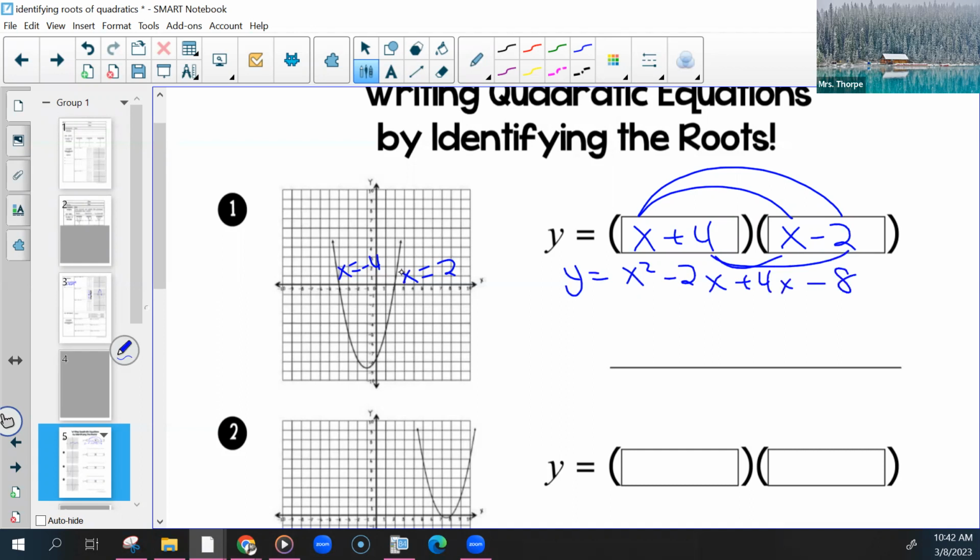And then if you combine your like terms, we have y equals x squared plus 2x minus 8. So if we wanted to check, did we find the right solutions? We could graph this in Desmos or the calculator and see, do those match, and they should. And then when we get back from lunch, I'll talk about why we do this.